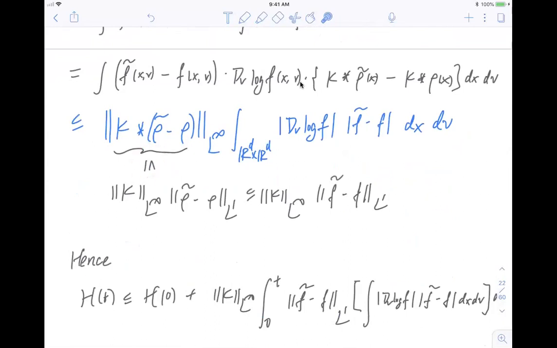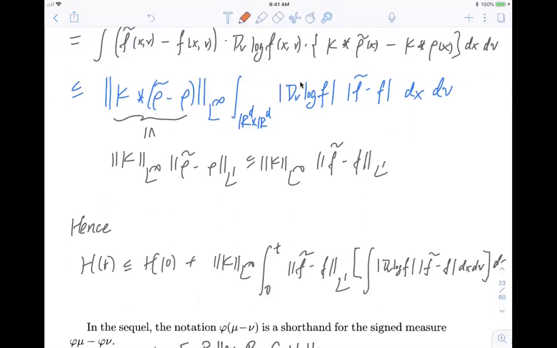This part is just an easy computation from the definition of convolution. So we can pull out the L infinity norm of K. Then this part is the L1 norm. The L1 norm of a spatial density is controlled by the L1 norm of the phase space density, because it's just an integral. Just to remind you, rho tilde is just the integral of f tilde in the velocity variable, and rho is the integral of f in the velocity variable as well.